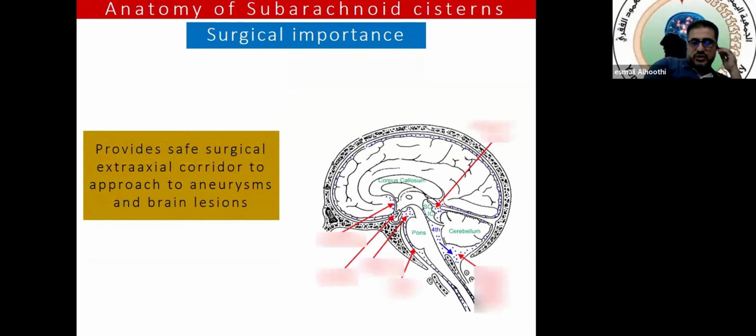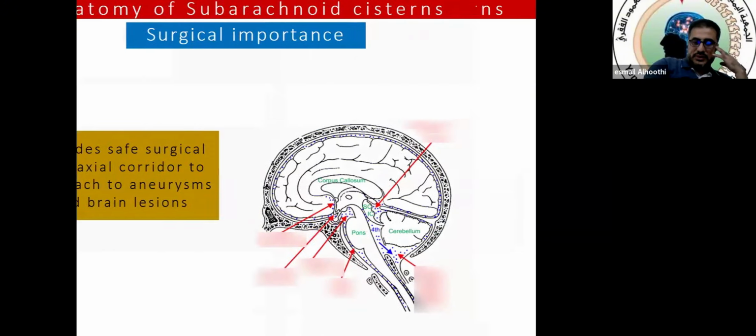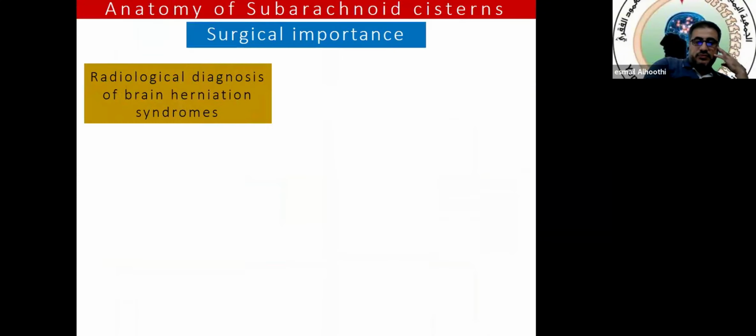Also, it provides a safe surgical extra-axial corridor to approach aneurysms and brain lesions, because we don't go intra-axial; we go through the spaces filled with CSF and reach the lesions, either aneurysms or brain tumors. It also gives a radiological diagnosis of brain herniation syndromes.